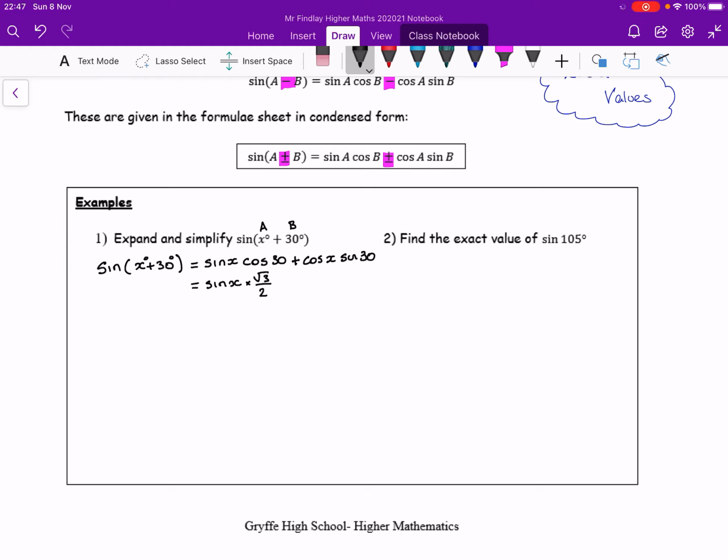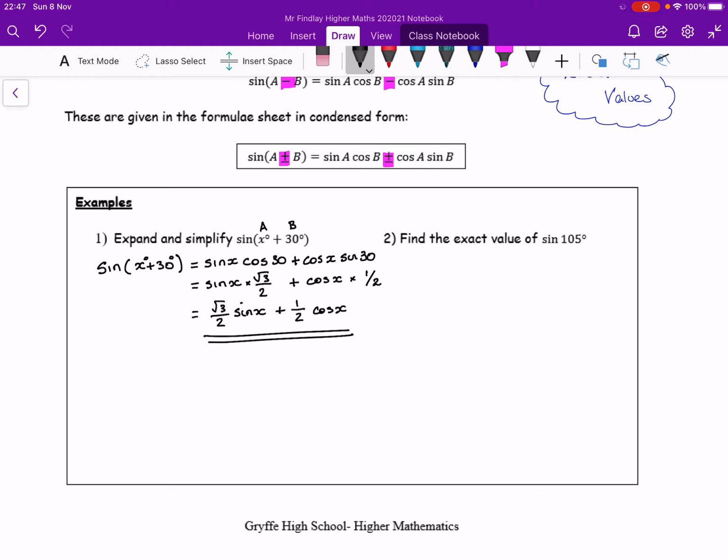So that's the two of those multiplied, and then we're going to add cos x multiplied by sine 30, which is a half. So those two values are straight from our exact values. And then that's going to simplify as root 3 over 2 sine x plus a half cos x. And that is our expression.